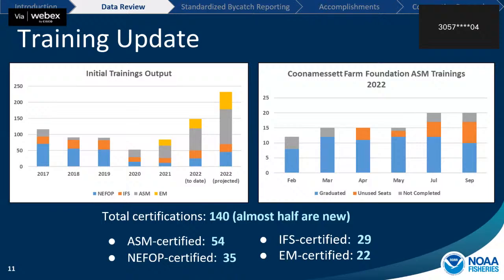Again, this was in order to prepare for an increased target coverage level that was beginning in May of 2022. So the providers started to recruit, and we started to hold those trainings early in order to increase our observer cadre as much as we possibly could. Next slide, please.